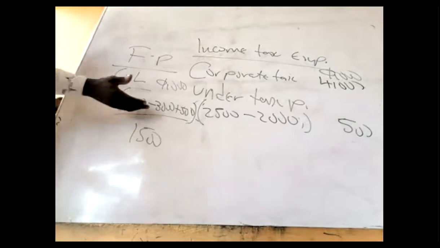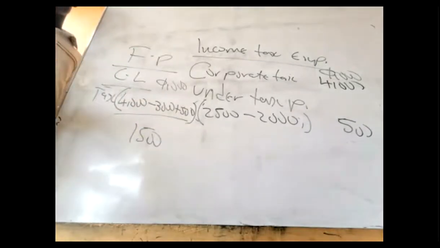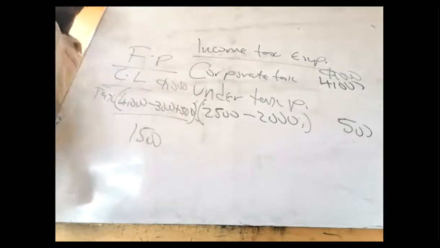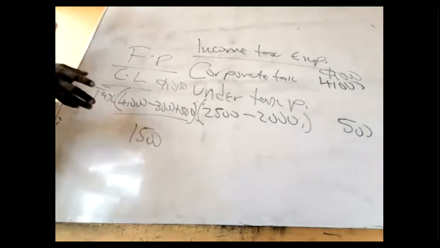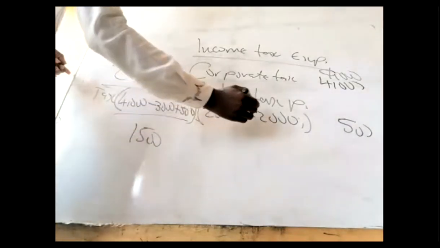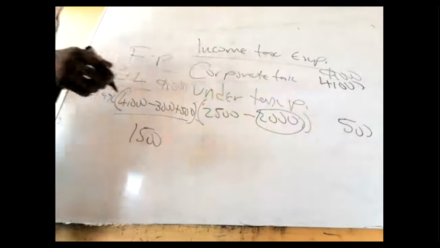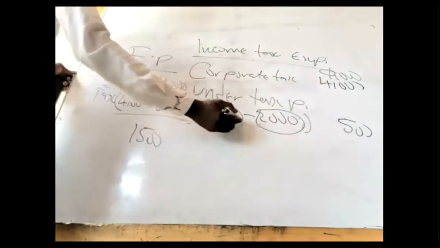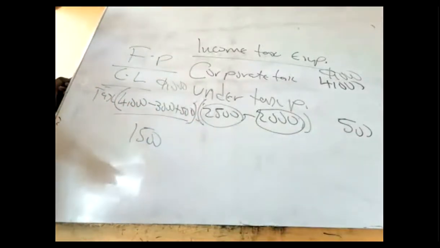I know that the 4,000 minus 3,000 is okay, but the addition of the 500 is the one that normally might create a little challenge. The challenge is that we have paid the 2,000, which has been recorded nicely, but then the tax authority is saying that our tax liability is supposed to be what? 2,500.